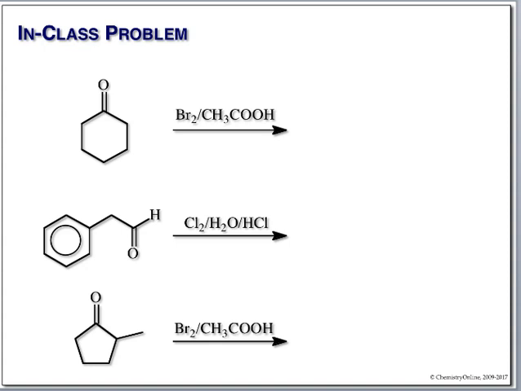Cyclohexanone and acetic acid with a touch of bromine added. We are going to form the enol between the alpha and the beta carbons. That will give us negative character on the beta carbon here. I'm sorry, the alpha carbon here. And we will form the alpha-bromo carbonyl.